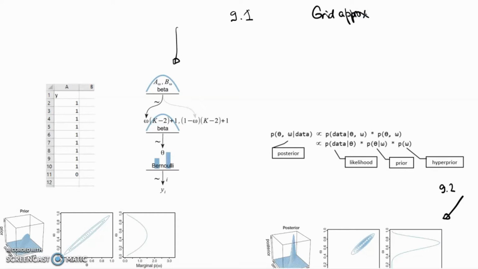Whereas Kruschke uses coins and mints, I'm going to talk about students and teachers because it just helps me think about it.